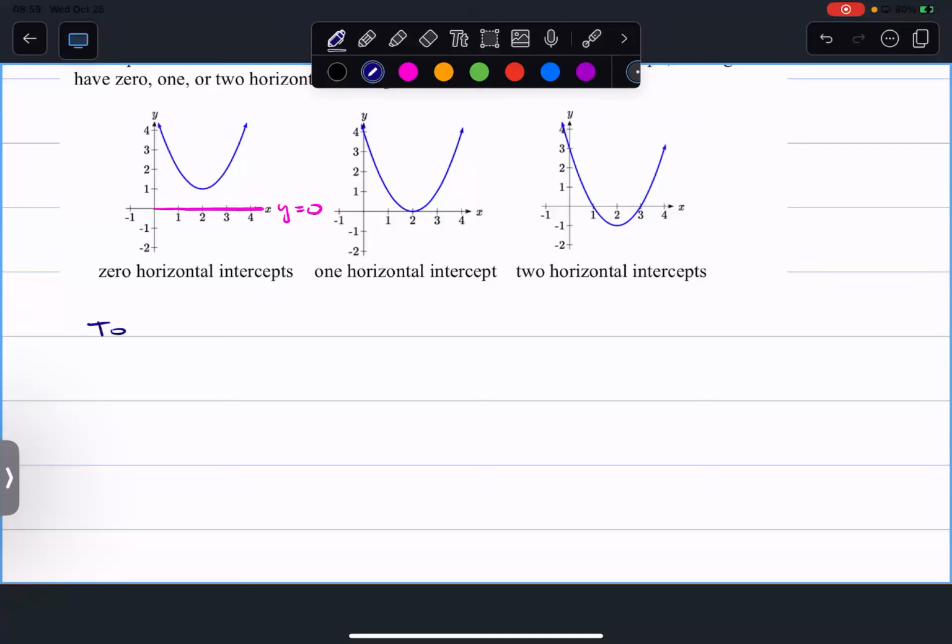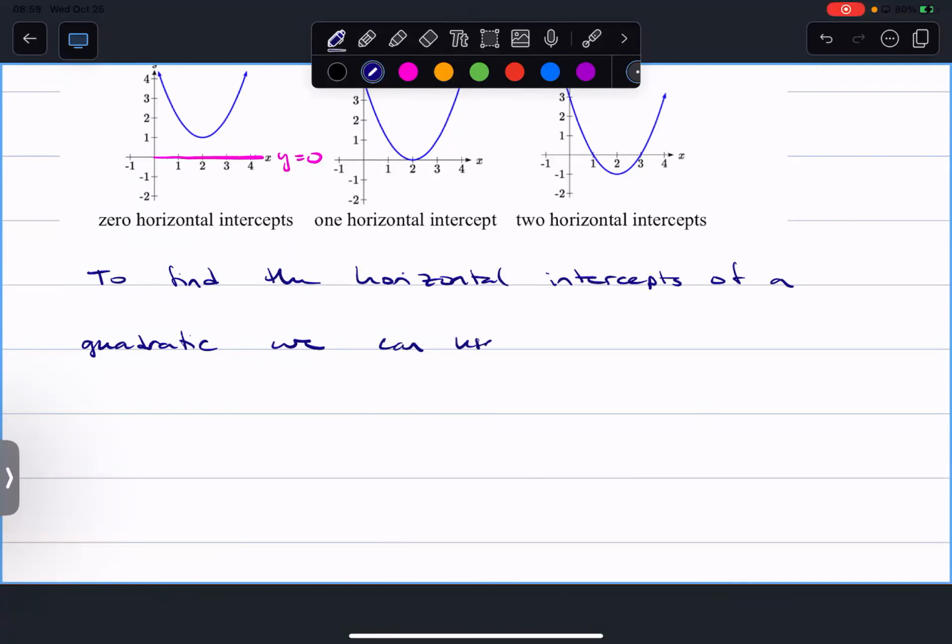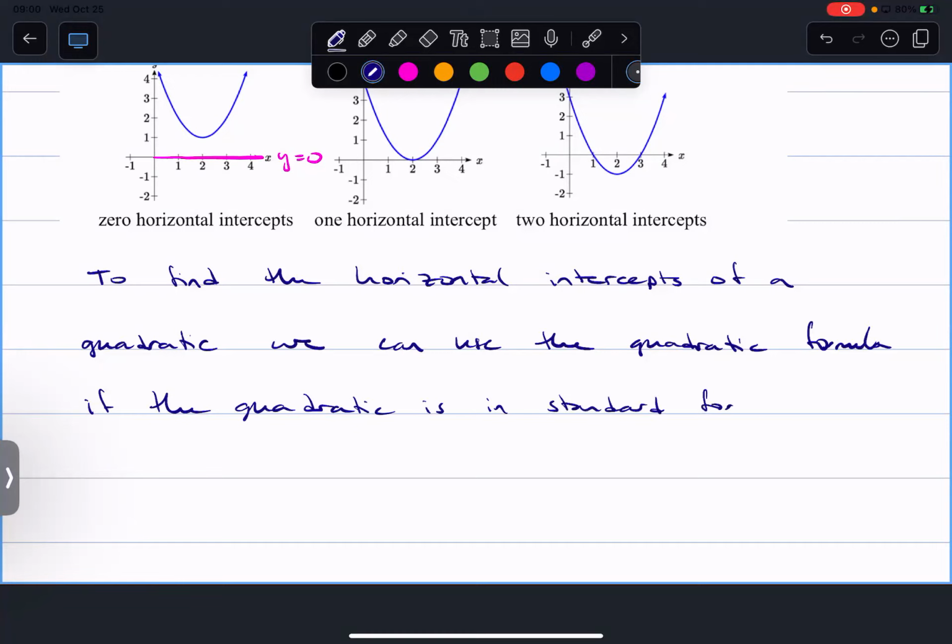And so to find the horizontal intercepts of a quadratic, we can use the quadratic formula, if the quadratic is in standard form, which is ax squared plus bx plus c.